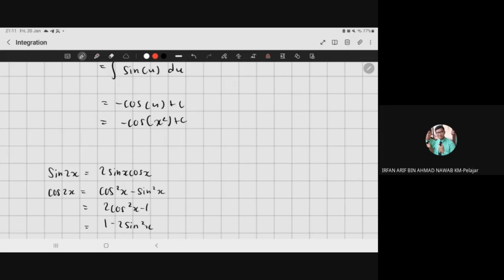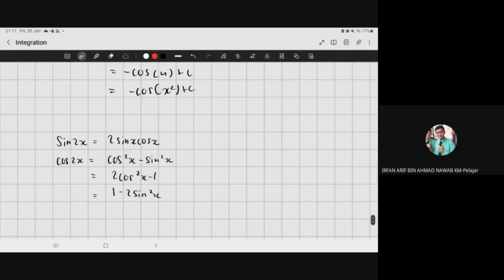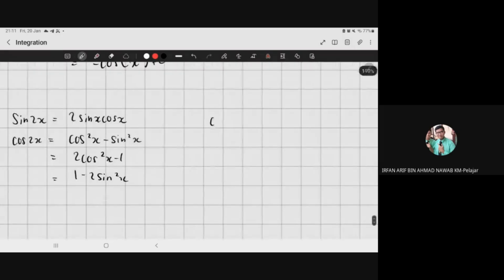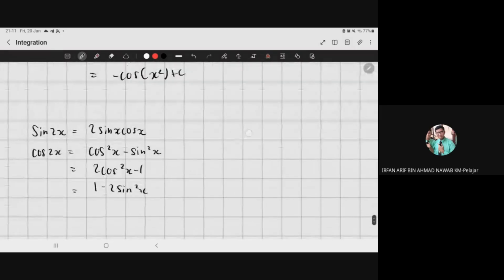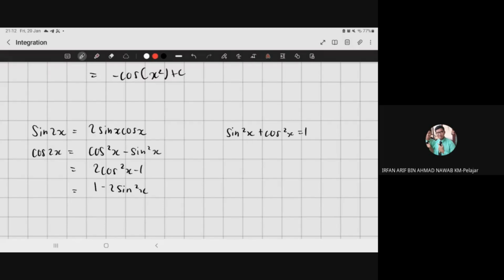The reason why we can derive these three forms is because we are referring back to this identity, which is sine square of x plus cosine square of x is equal to 1. So we refer to this formula and you express it as either sine square x or cosine square x. Then you could just substitute into this, and either you will get the first one or the second one.